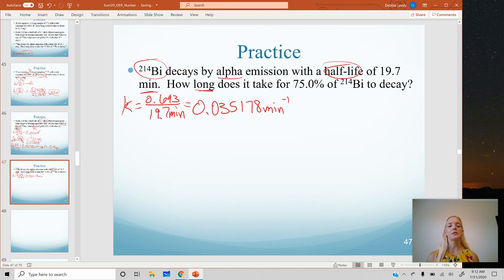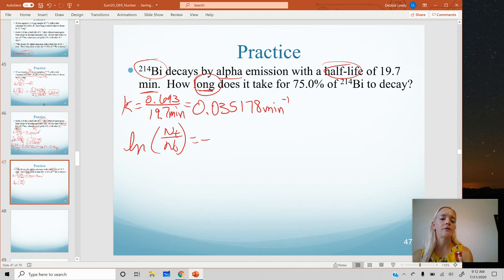So there's my rate constant. Now we want to solve for time. So again, that means in this equation, we have to know both our initial and final, right? We just solved for K, we want to solve for T.